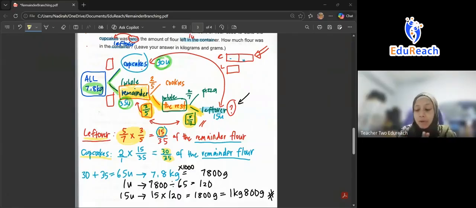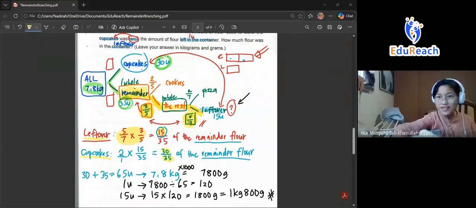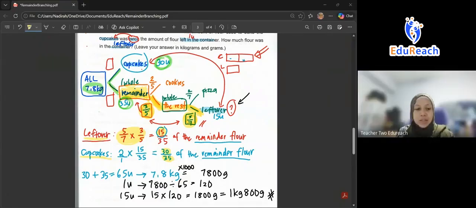Look at number 4. You can highlight the keywords. Read the question, highlight the keywords first. The last question, no percentage, nothing weird. You just read the question, highlight the keywords first, and you think about how you are going to do this question.